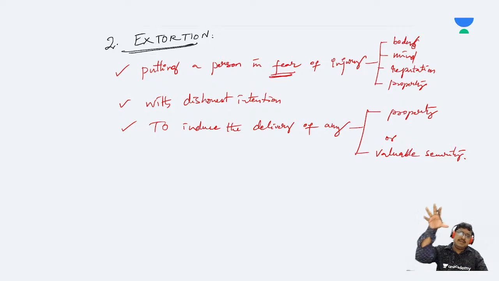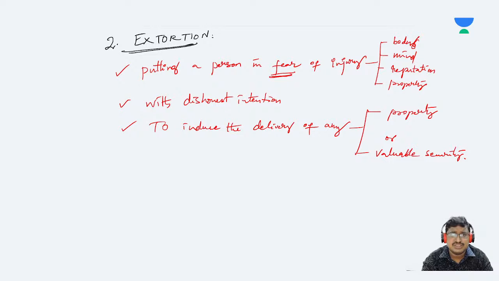Here, by putting a person in fear of injury to his body, mind, reputation or property with a dishonest intention, he induces the delivery of any movable property or immovable property or valuable security of the other person. Therefore, it amounts to extortion, friends.